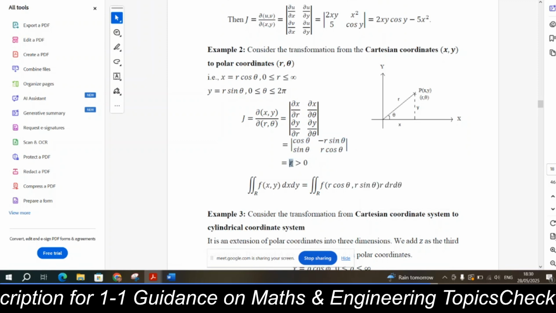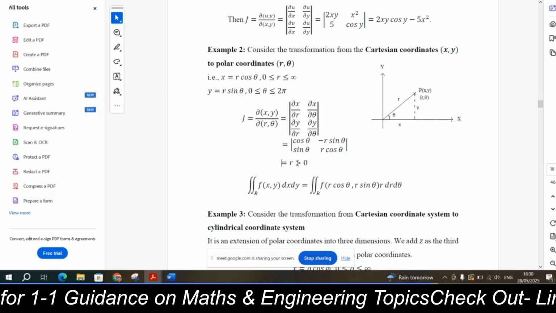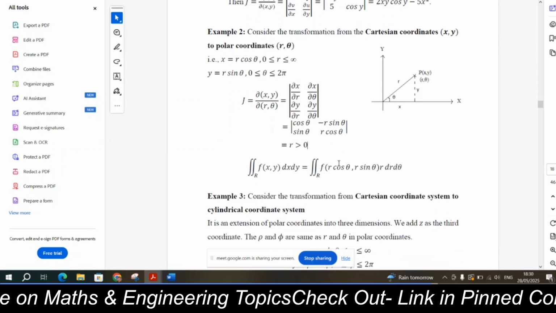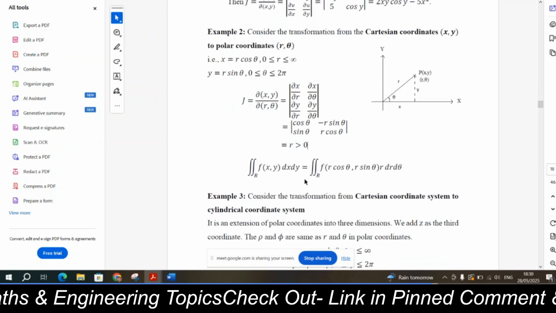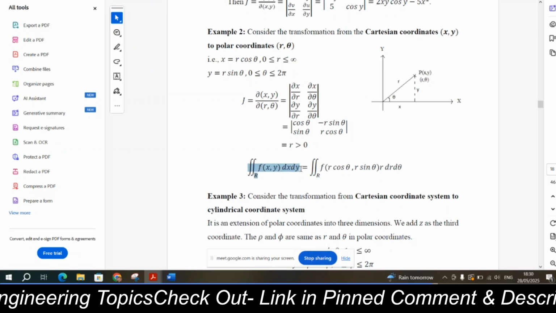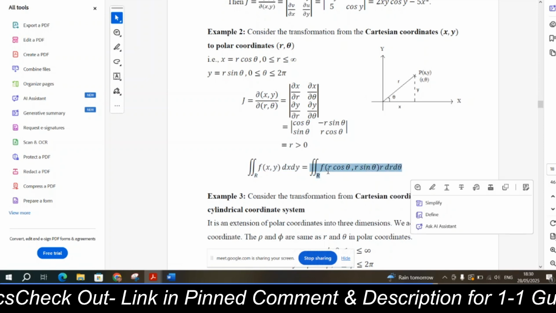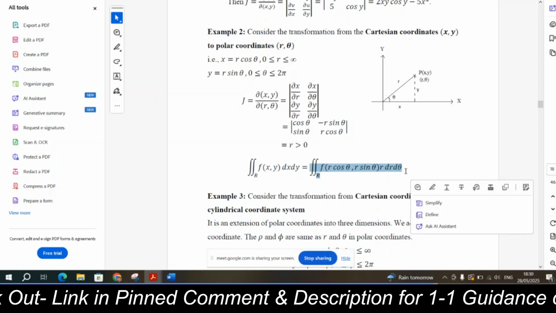So when you cross multiply, cos theta into r cos theta is r cos square theta, and then minus r into minus sine square theta, which becomes plus r sine square theta. R taken common, you have cos square theta plus sine square theta, which is equal to 1. So you finally get r as the Jacobian value, which is expected to be greater than 0.